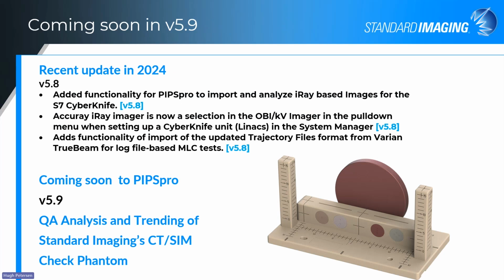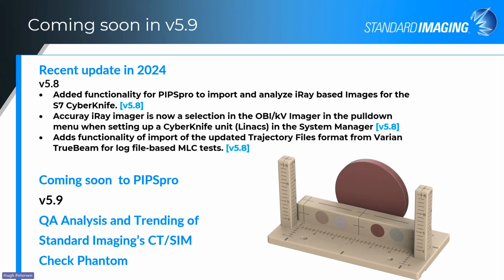Recent updates: we released version 5.8 earlier this year. We added functionality to import and analyze the iRay-based imaging systems from the CyberKnife, from the latest iteration and generation of the S7 CyberKnife. We added the imager to our selections in the pull-down menu to set up the CyberKnife easily in the system manager.